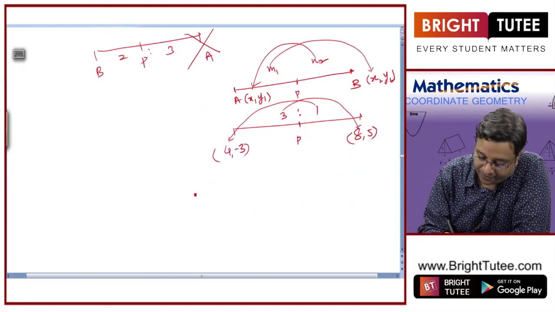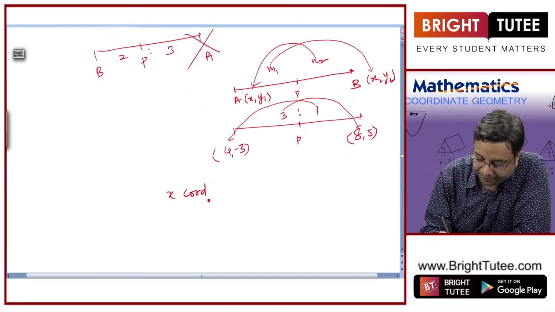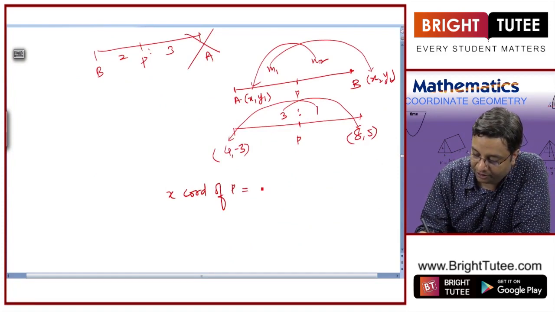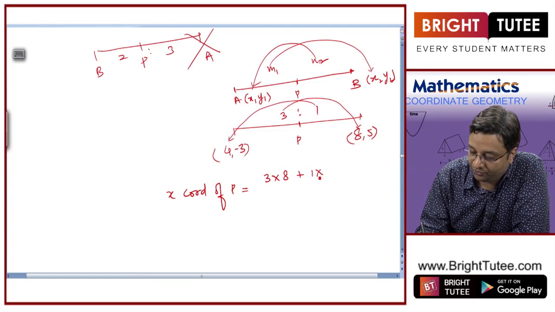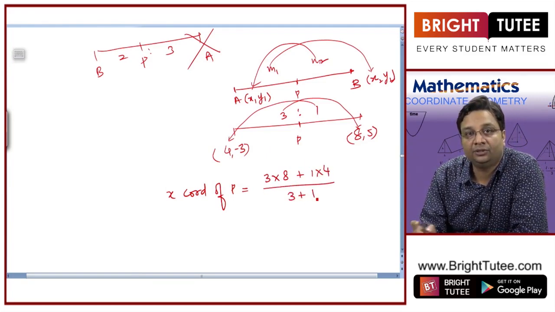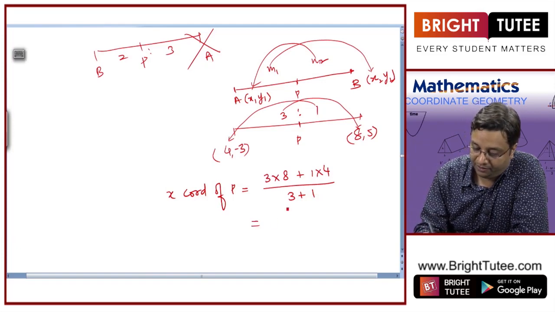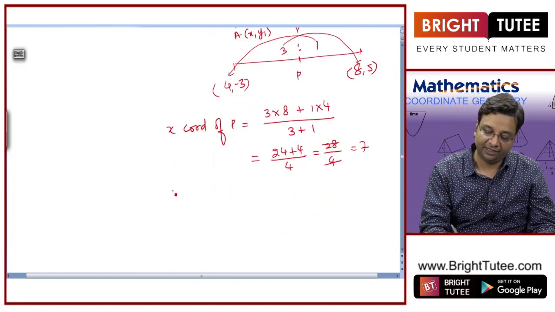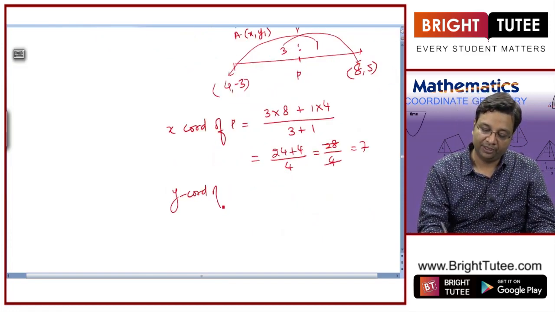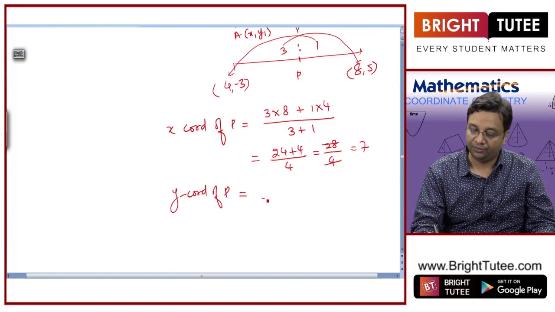So the x coordinate of P is equal to (3 into 8 plus 1 into 4) divided by 3 plus 1. This is 24 plus 4 divided by 4, 28 by 4, that is 7.